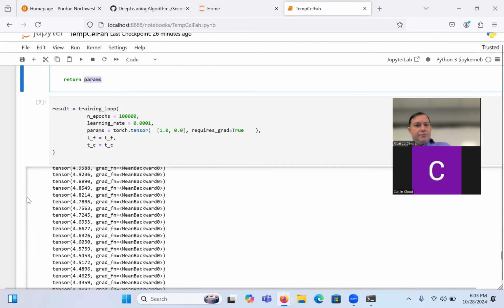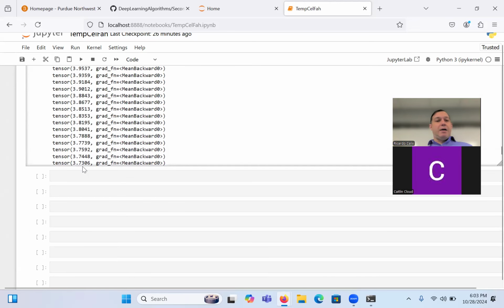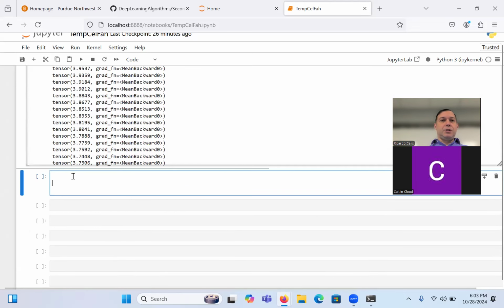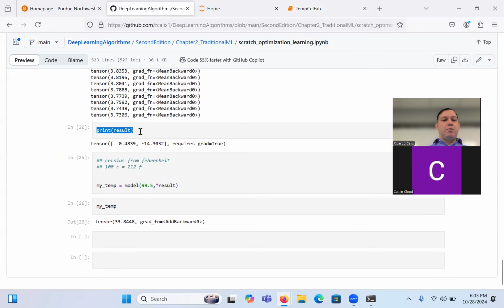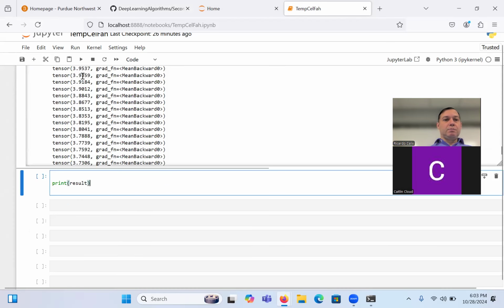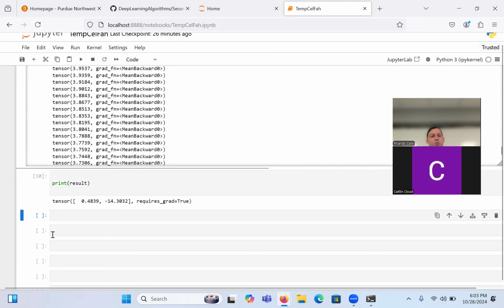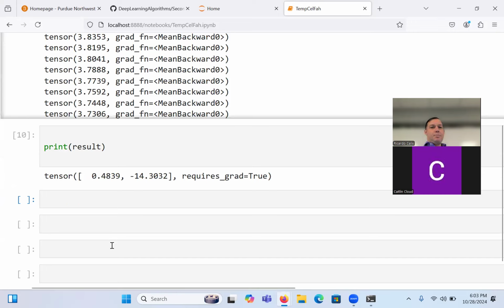All right, so I think it finished. That's really good. It arrived at 3.37. Okay, so that's good, similar to my example. So now result should contain the 2, W and B. There it is. And it basically learned these parameters, right?